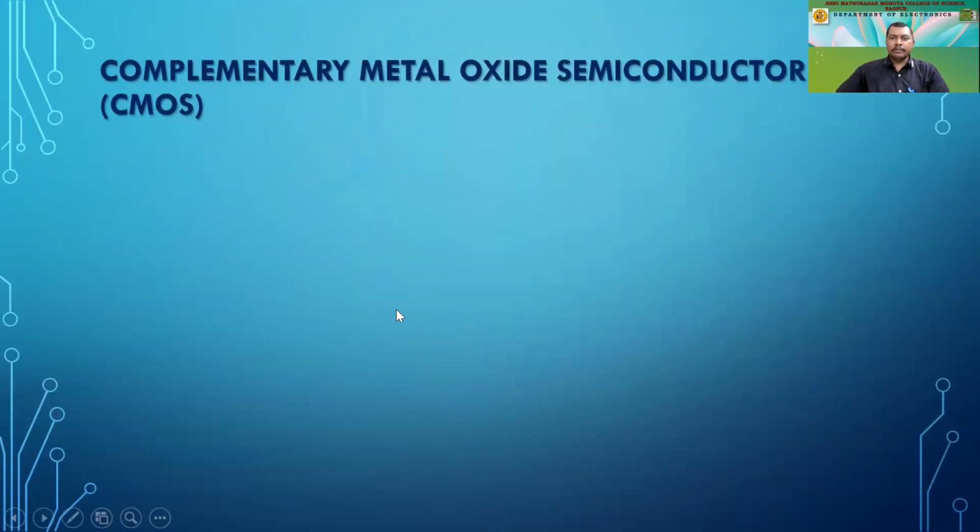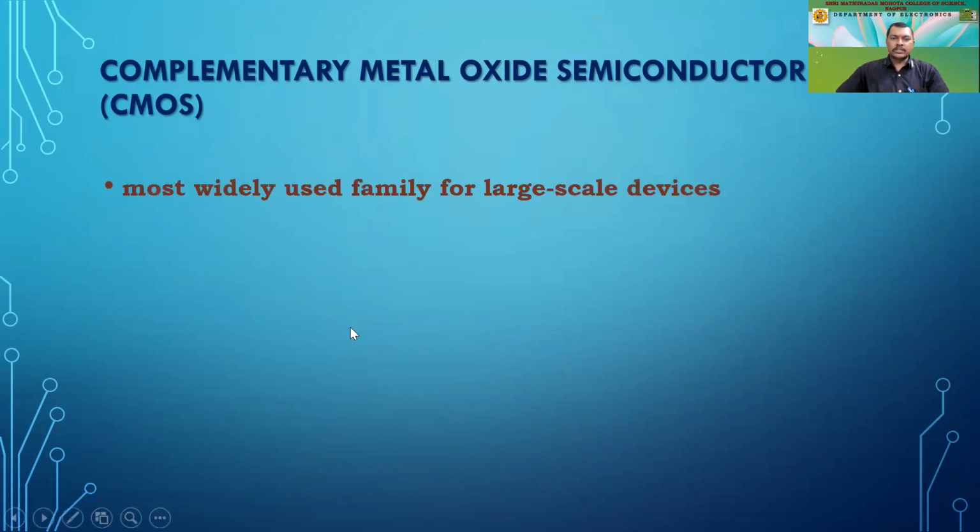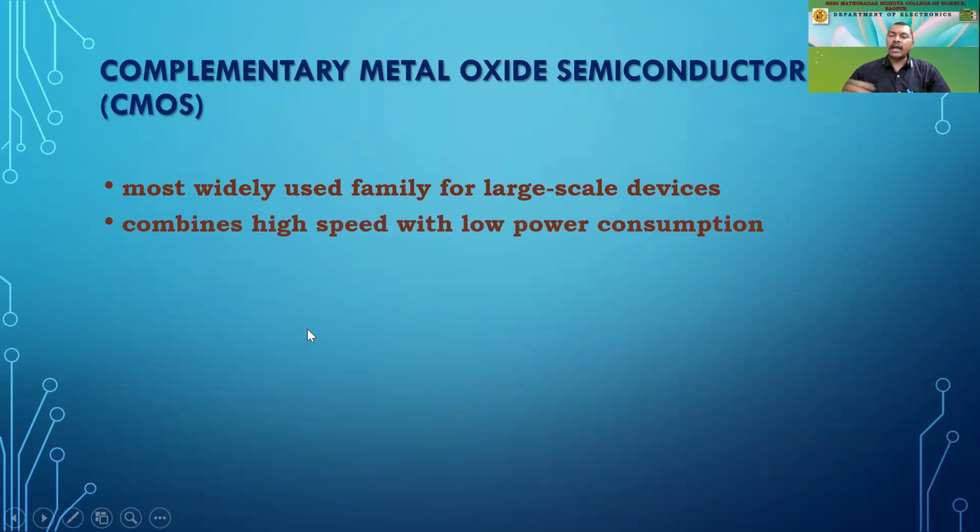Now, what is complementary metal oxide semiconductor? I have already taught you what a CMOS is, right? What is a MOS? Metal oxide silicon. It is the most widely used family for large scale devices, and it combines high speed with low power consumption. These two factors are correlated with each other. If you increase the speed, automatically the power dissipation increases.